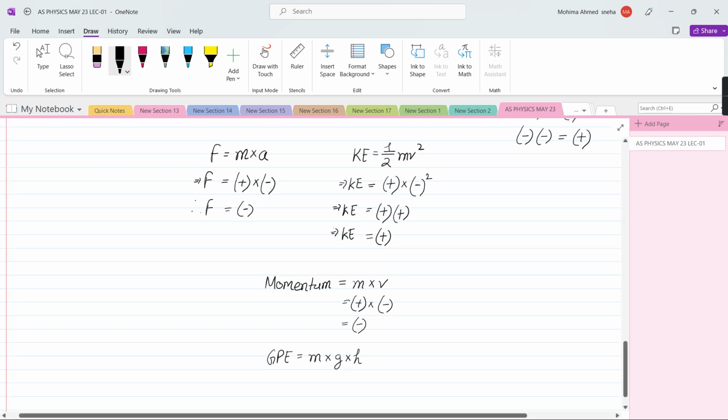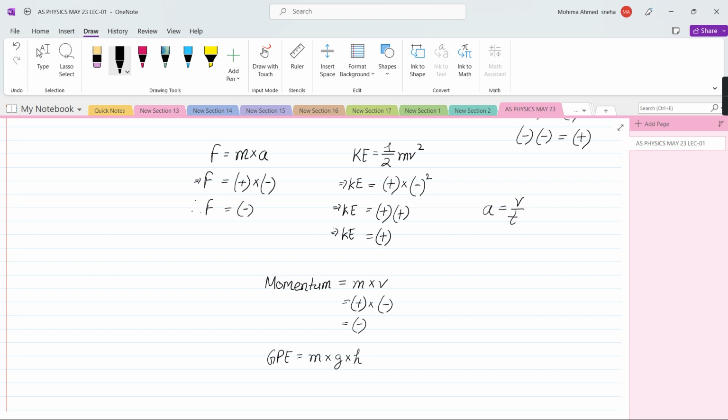Now, if you still don't understand why acceleration is a vector quantity, you can use the equation a equals v over t. Velocity is a vector quantity, right? Because velocity depends on direction and everything. So it will be minus, over time, which is a scalar quantity. It really doesn't depend on which direction you're working with, right? So it will be a plus.